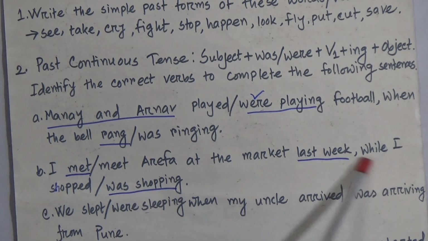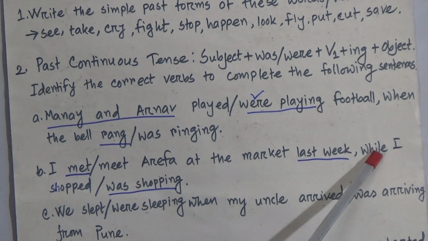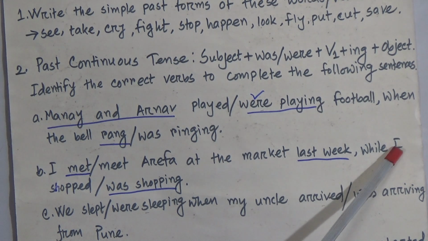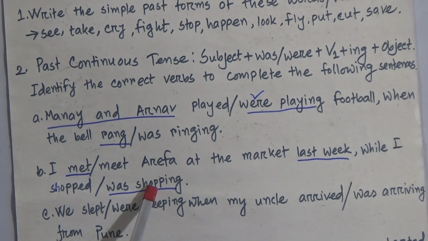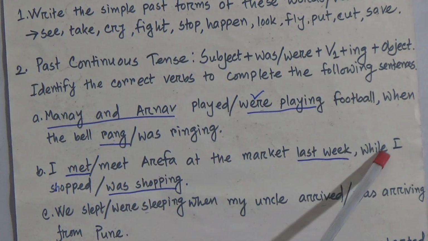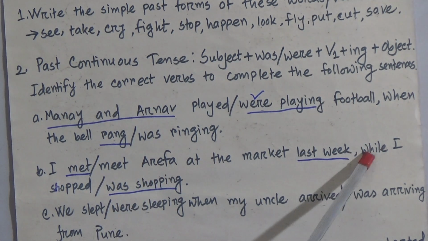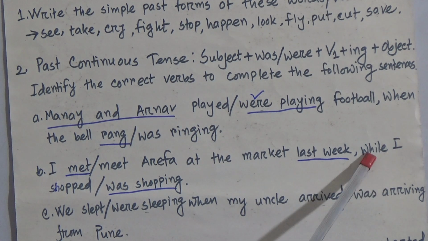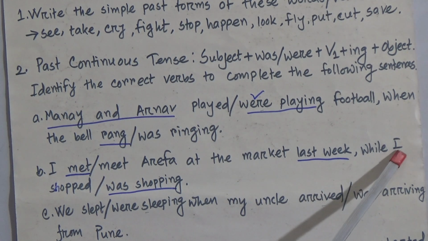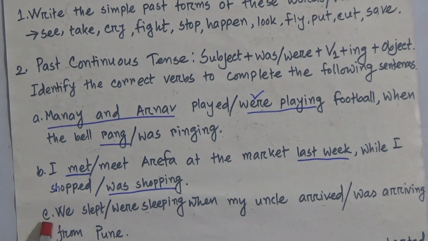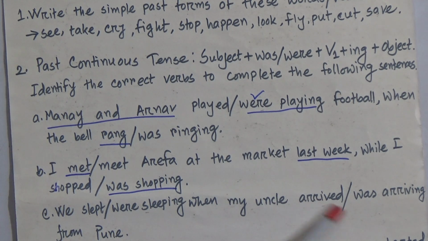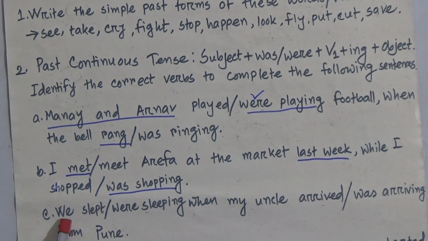Dear students, remember it: after while if you get a subject, then you have to convert that sentence into past continuous tense. And after while if you don't find any subject, then you have to convert that sentence into simple past tense.